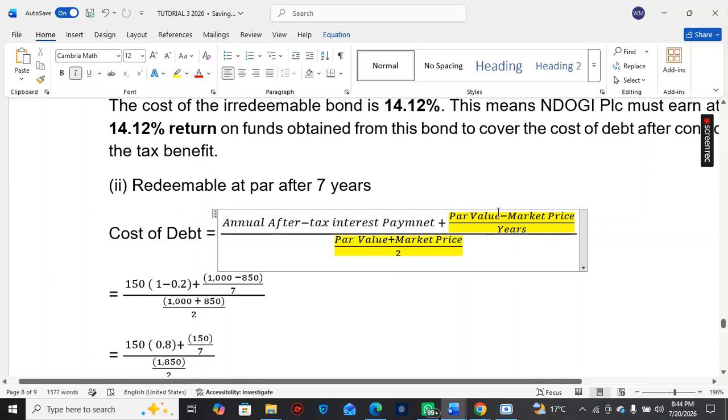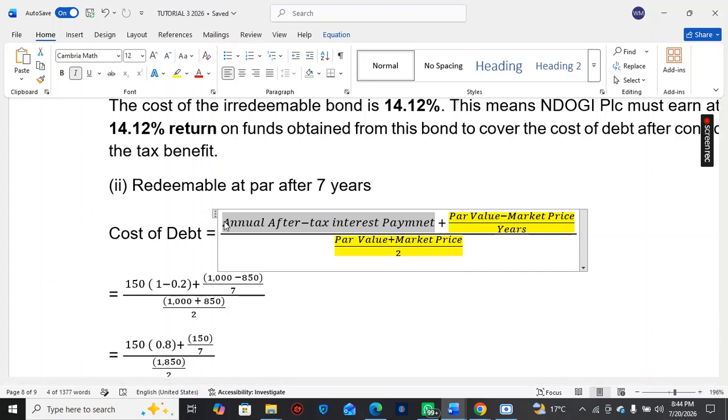On top here there is a minus and here there is a plus. The denominator is the years to maturity here and here it is 2. And then just remember this other side is just the interest payment. You just put the interest payment, par minus market price over years, over par plus market price over 2.